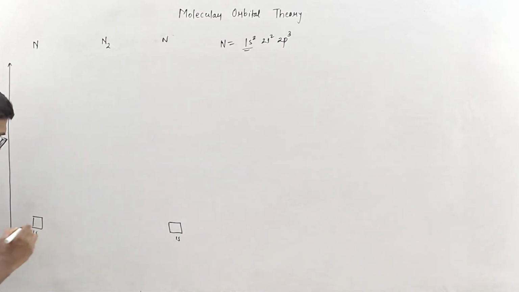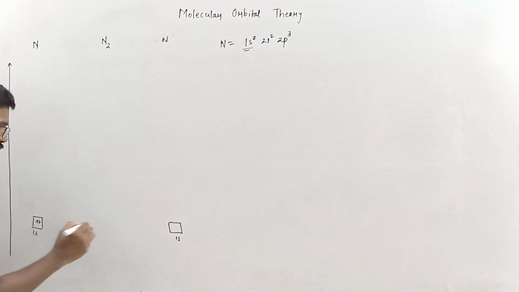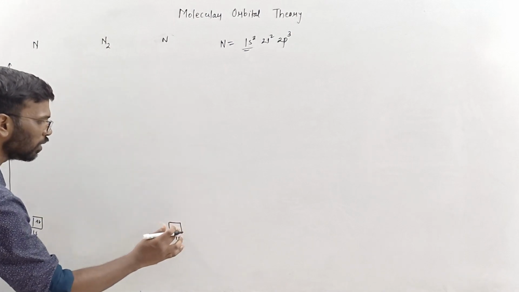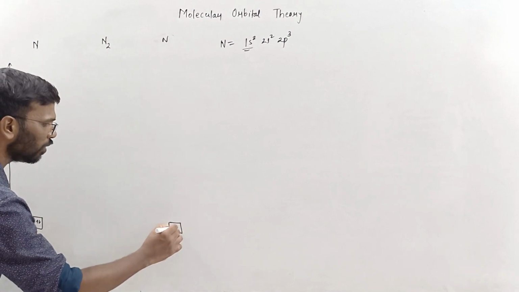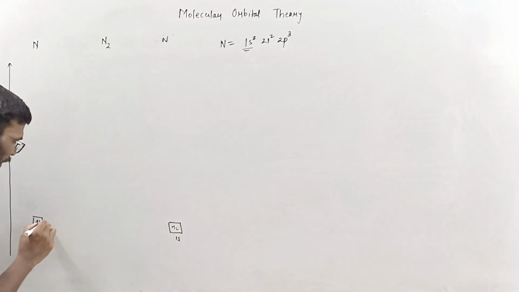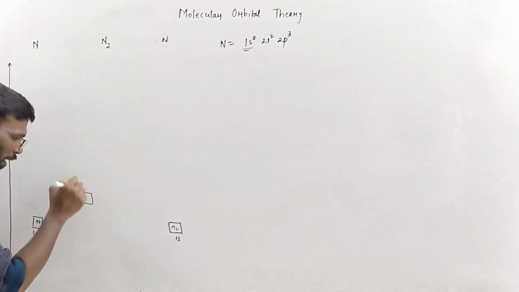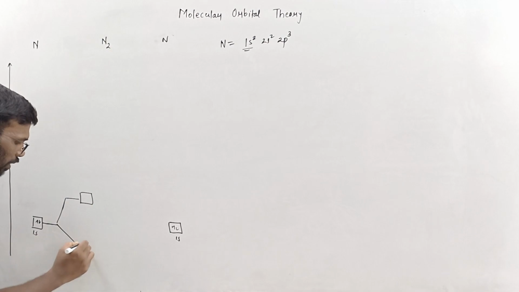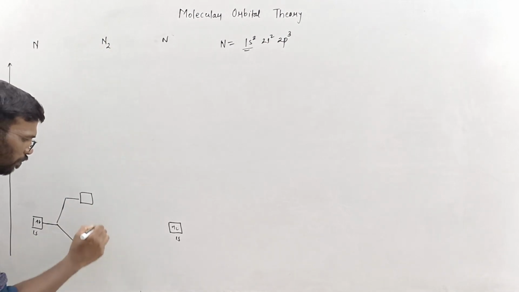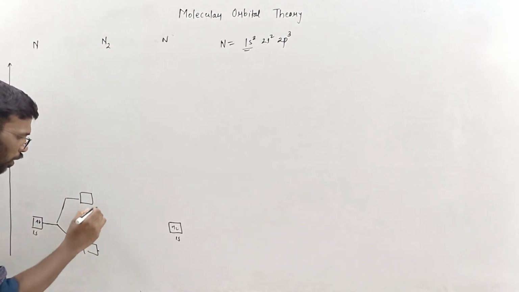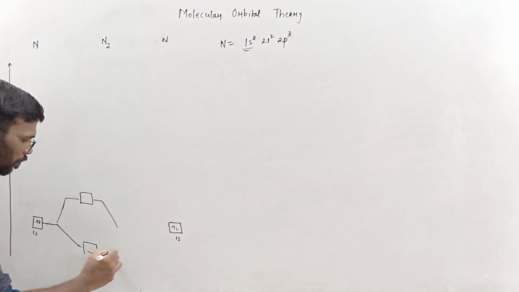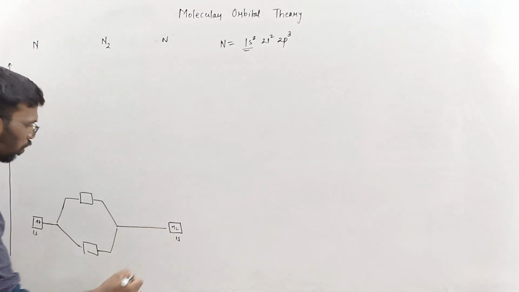So this is 1s, right? There are two electrons in this, in each nitrogen. So they will combine and form a bonding molecular orbital, and this is anti-bonding. Sorry, this is anti-bonding and this is the bonding molecular orbital.